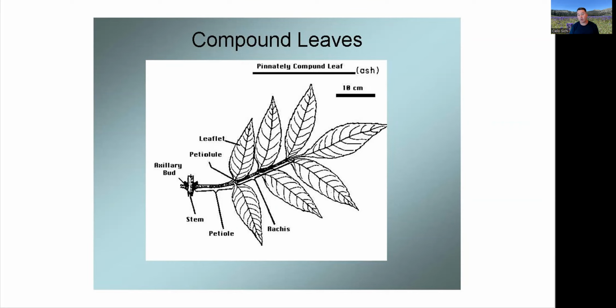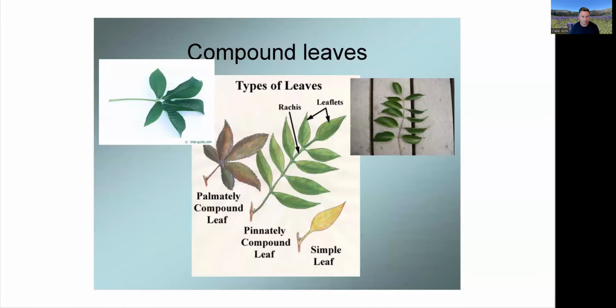Again, these are ways that we can identify plants. We've got the rachis itself and then the leaflets. Again, palmately compound, pinnately compound, rachis, leaflets, petiolule, petiole. I'm having a real hard time with that one. We're just going to leave it at that.